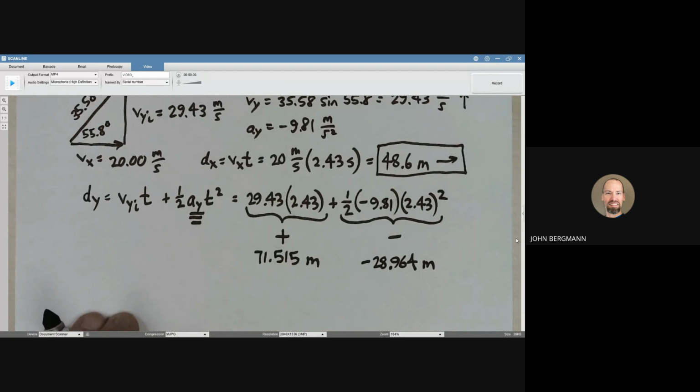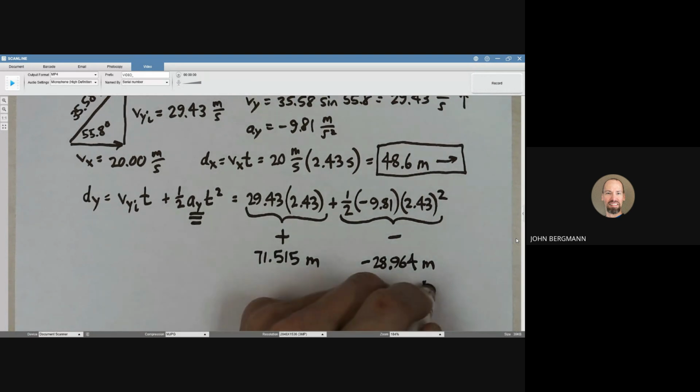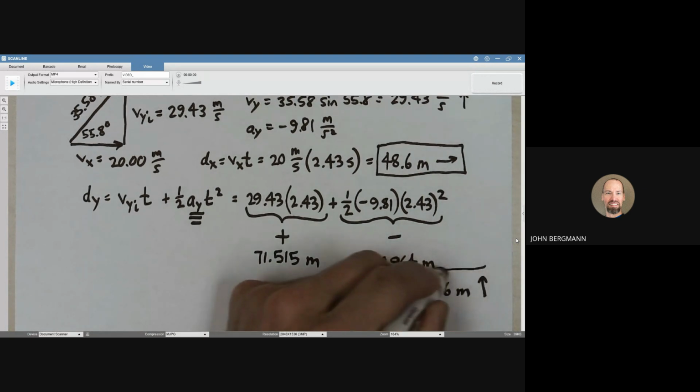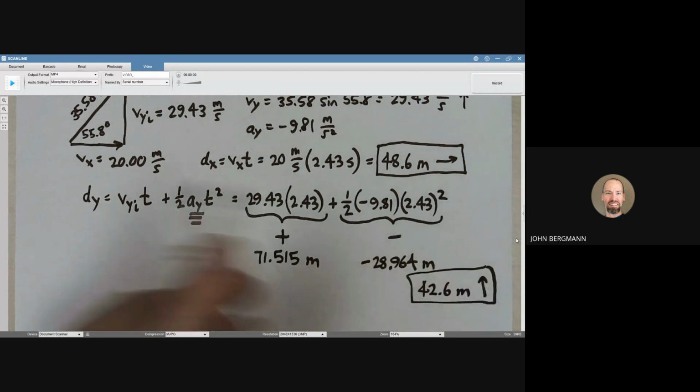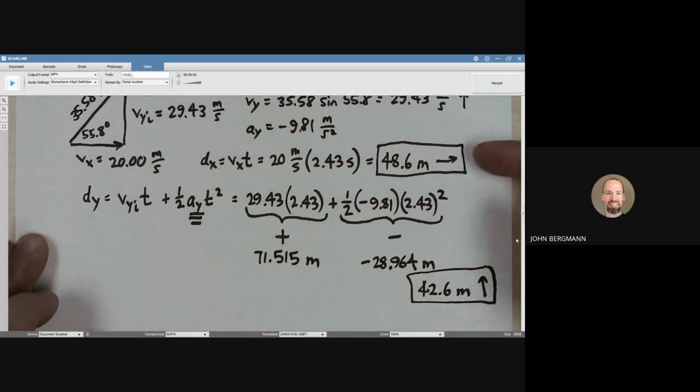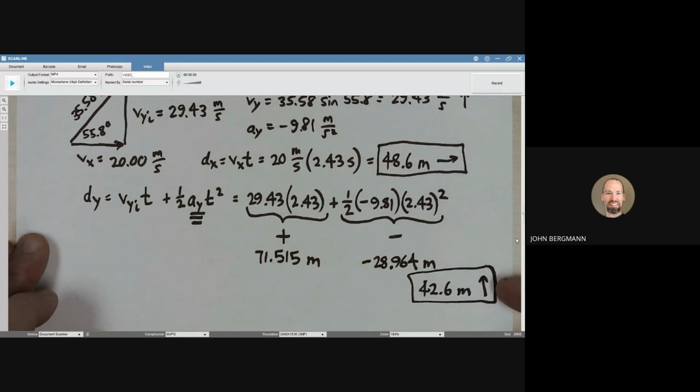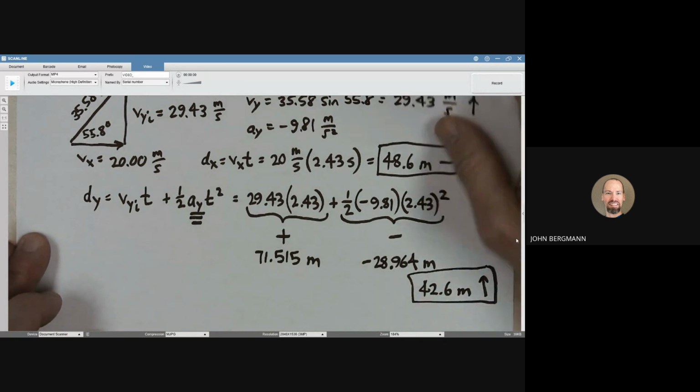So, how high above the ground are these golf clubs after we have launched them? 42.6 meters upwards. That's where they are. They've moved over to the right 48.6 meters, and they're this high above the ground at that instant of time. Let's do another one.